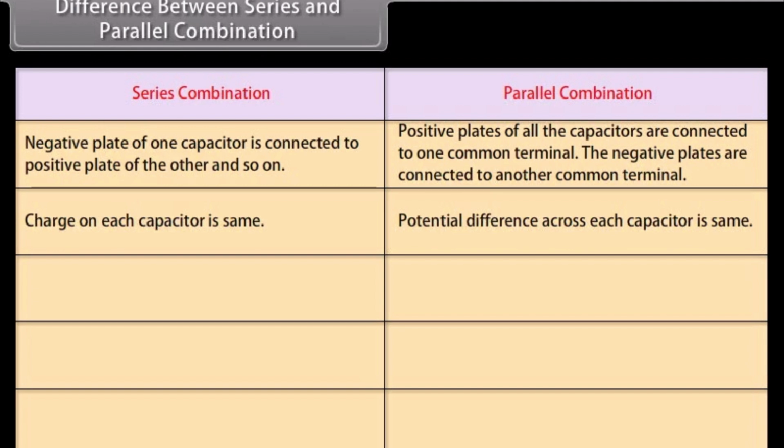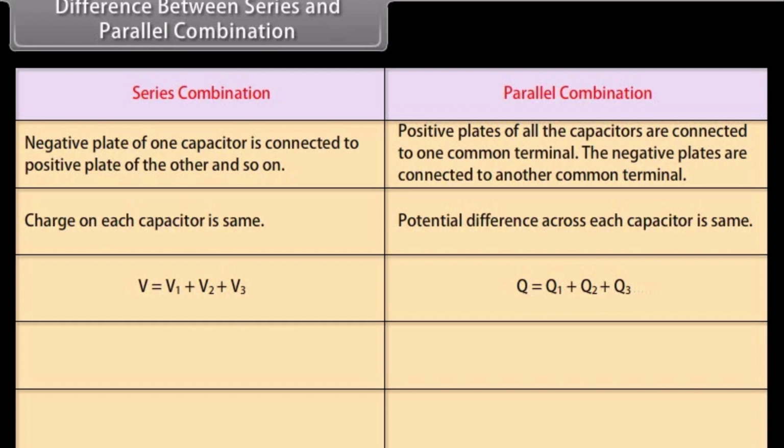In series combination, V is equal to V1 plus V2 plus V3, whereas in parallel combination, Q is equal to Q1 plus Q2 plus Q3.